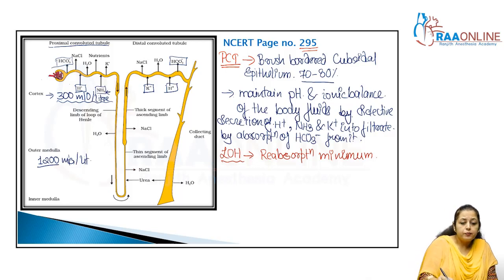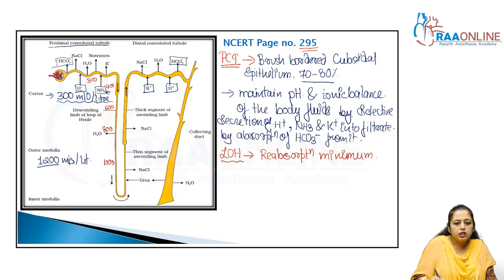See here, right? As the filtrate goes down, it gets concentrated, so the osmolarity changes here from 300, then 400, then 600, then 800, then 1000, here 1200, right? Now we have to maintain that osmolarity. Again, to maintain that, what will happen? That NaCl, sodium chloride, the ascending limb is permeable for that.